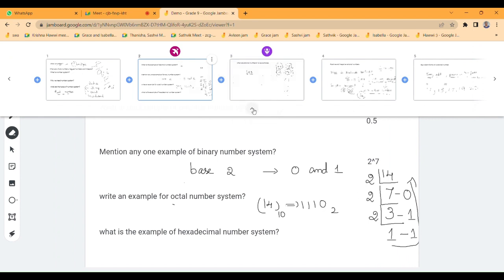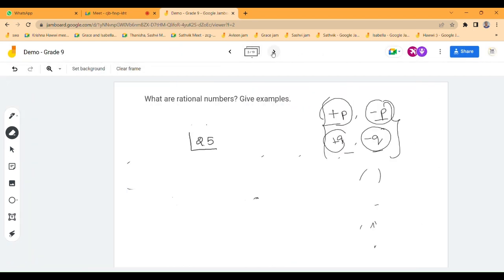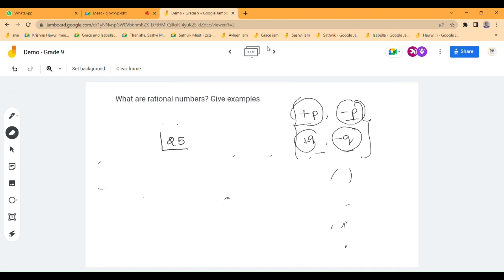Go to the third slide and write. If I change the slide, it is not visible to you.